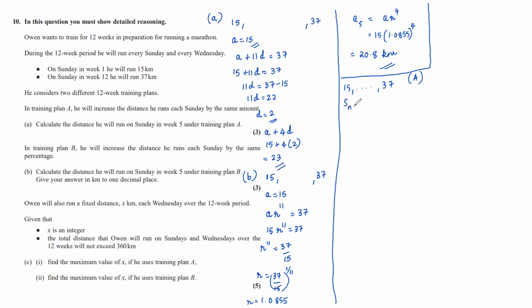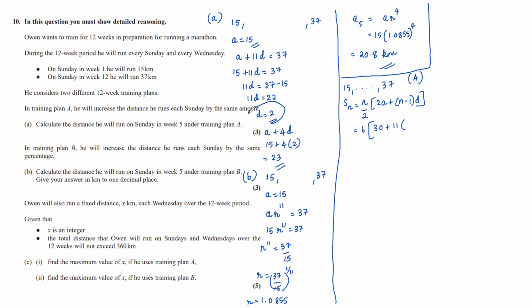Sum of n terms, we know it is n by 2 into 2a plus n minus 1 into d. So n is 12, so 12 divided by 2 is 6 into 2 into a, 2 into 15 is 30 plus n minus 1, that is 12 minus 1 is 11 into d.